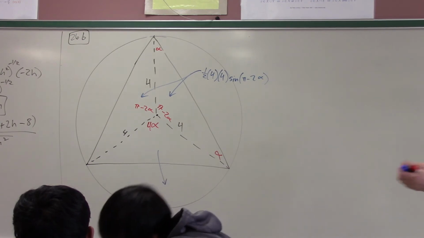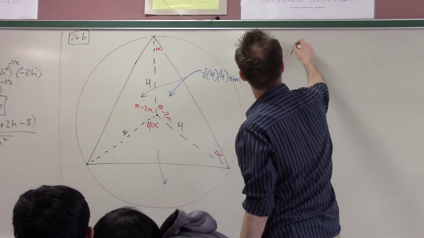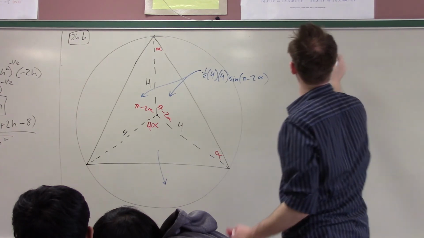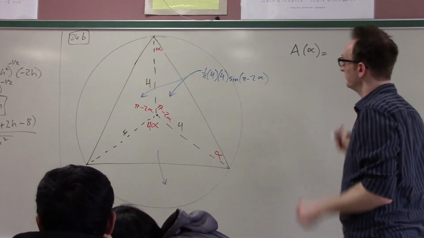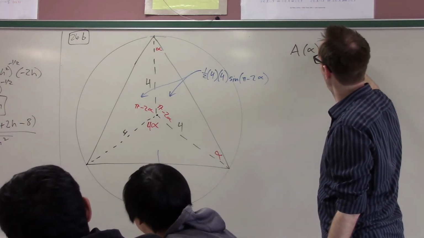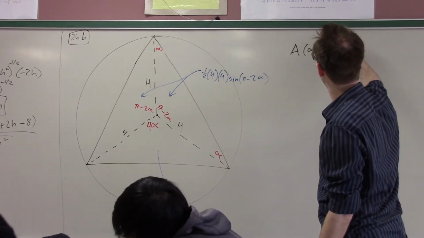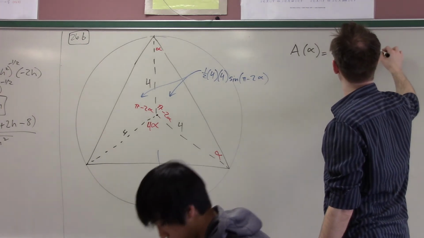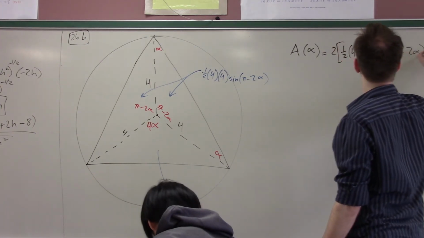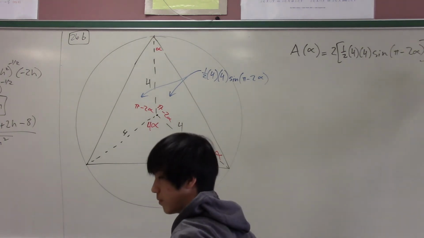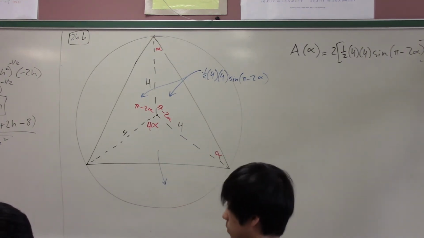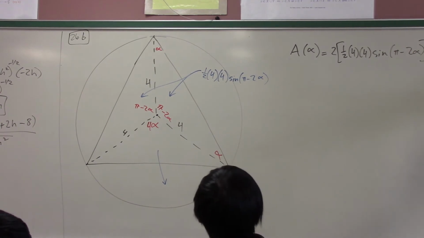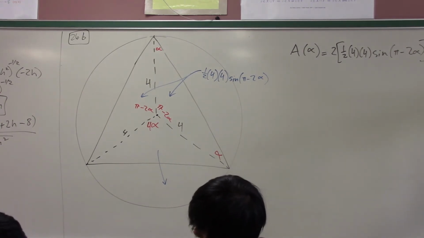So I claim that the area of this triangle expressed as a function of alpha is 2 of these triangles, each of which has area 1/2 4 sine pi minus 2 alpha, and then the guy on the bottom, which has area 1/2 4 sine of 4 alpha.